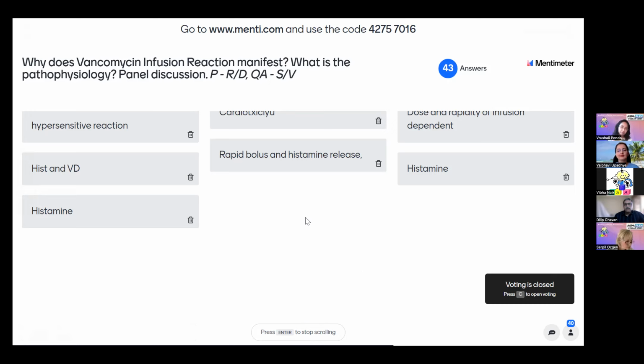So it's not IgE mediated, and it's not related to any complement or other antibodies. It's not the same kind of anaphylaxis as we described for IgE mediated immunological anaphylaxis. So the treatment and also the prevention will be quite different.